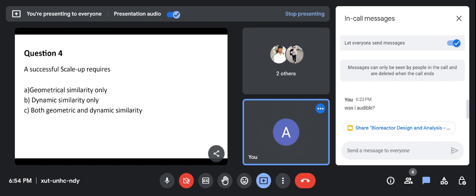A successful scale up, which in this case means you have a small setup that you have standardized and you need to scale it up to a higher volume or a higher product use, requires a geometric similarity to your standardized system, a dynamic similarity, or both.